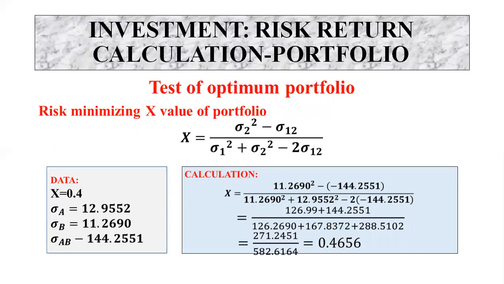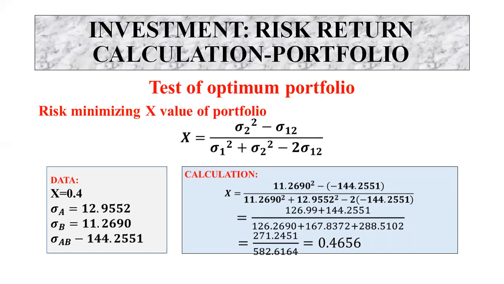In fact, here security 1 and 2 is replaced by security A and B. So, sigma A is 12.9552, sigma B is 11.2690, and sigma AB is minus 144.2551. The negative value of sigma AB indicates that the two shares A and B are diversified in nature. Therefore, the investor will get a significant benefit from the portfolio through diversification.